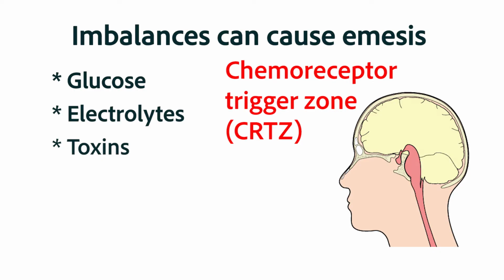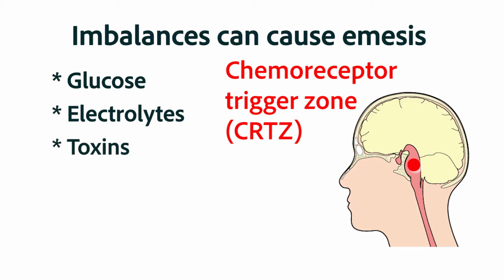For instance, the raised glucose levels in a child who's just developed type 1 diabetes will be perceived at that area, and in turn it'll signal the vomiting center to initiate vomiting. And often the vomiting is the first symptom in this kind of imbalance.